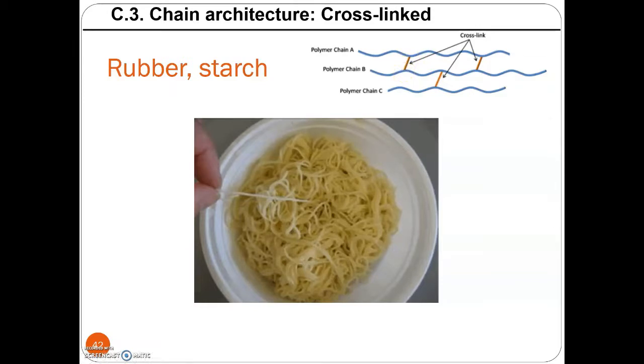So that's why the spaghetti are tangled together.